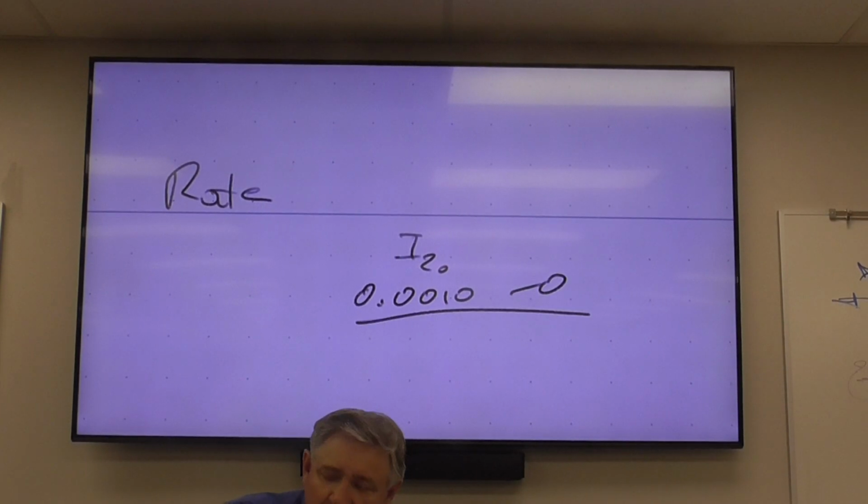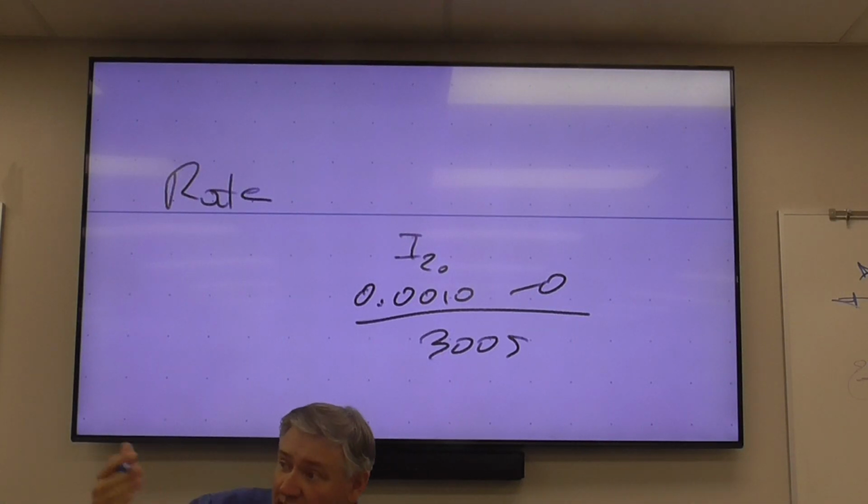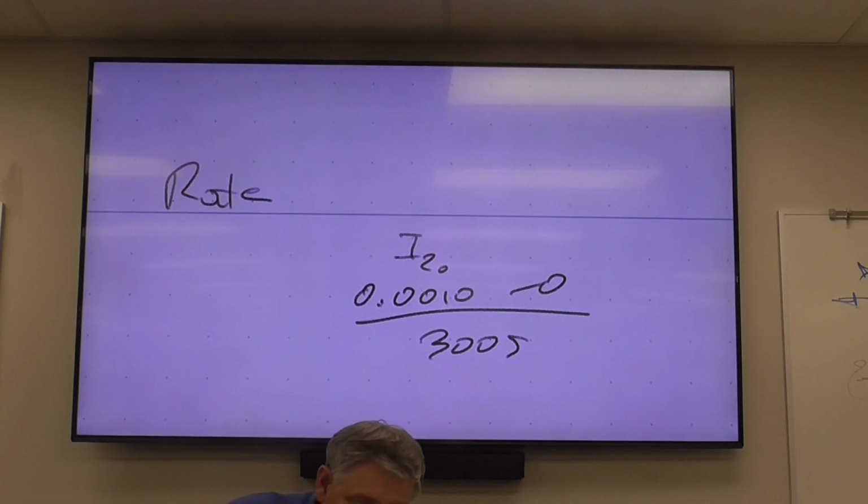Let's say it took about 5 minutes, so you're going to divide that by about 300 seconds. That's how you're going to get the rate. What you should see, hopefully, is that on reaction 2 the time was about half of what the first reaction was. Ish. So today you're going to do reactions 3 and 4.